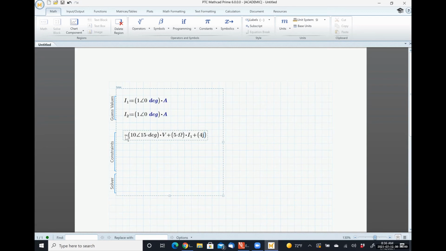MathCAD can use I or J as the imaginary operator, but it needs to be trailing instead of leading, which is the convention that I was taught back in school, but trailing is the one that MathCAD uses. So that's the one that I'm going to do. And I'm going to implicitly multiply this guy by the unit of ohms.